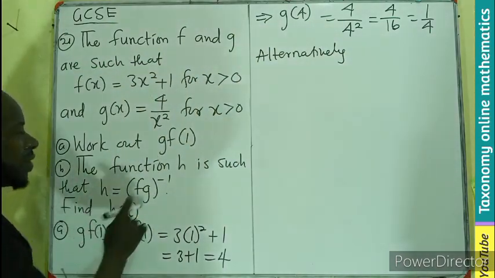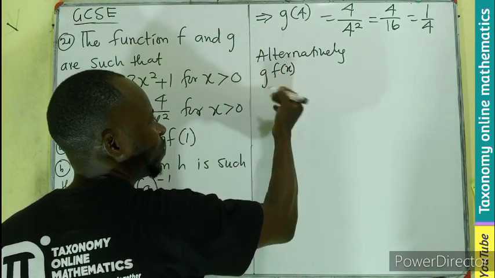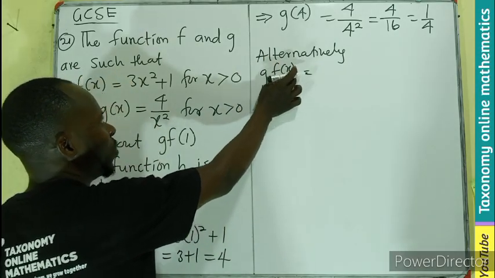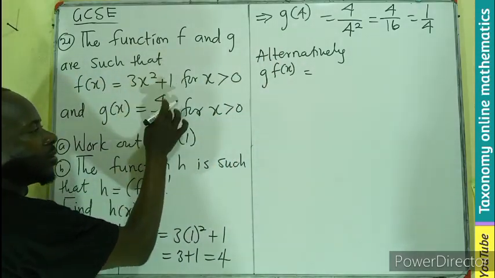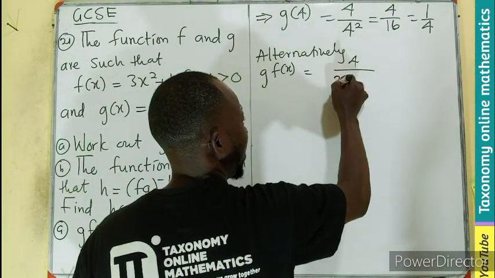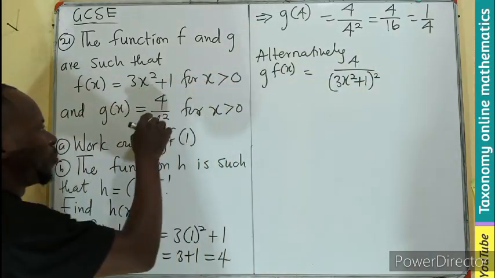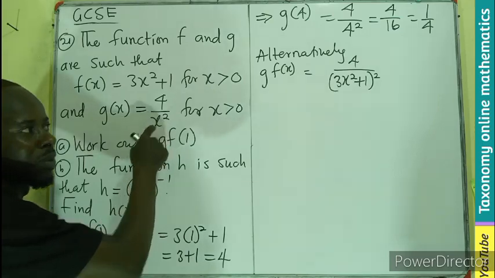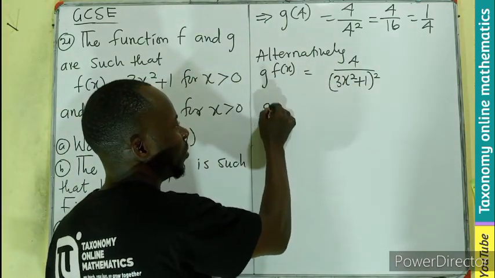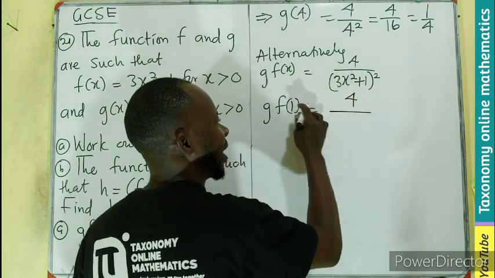I can also say that I am dealing with g of f of x first, meaning everywhere I see x in the g, I introduce the function f of x. So that becomes 4 divided by 3x squared plus 1, all squared, per the definition of g of x. So for g of f of 1, wherever I see x, I put 1.